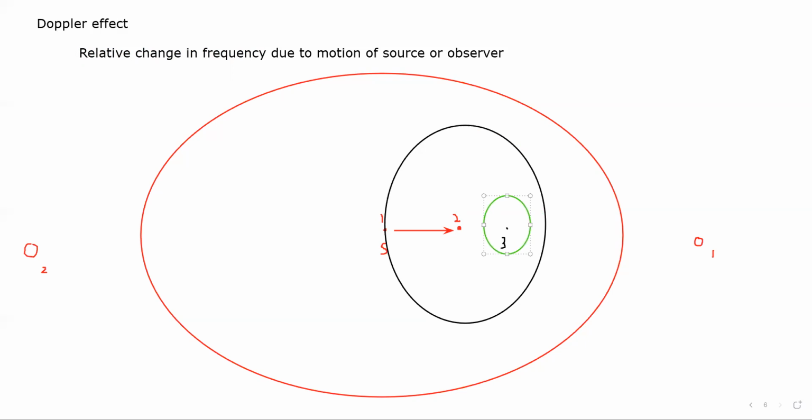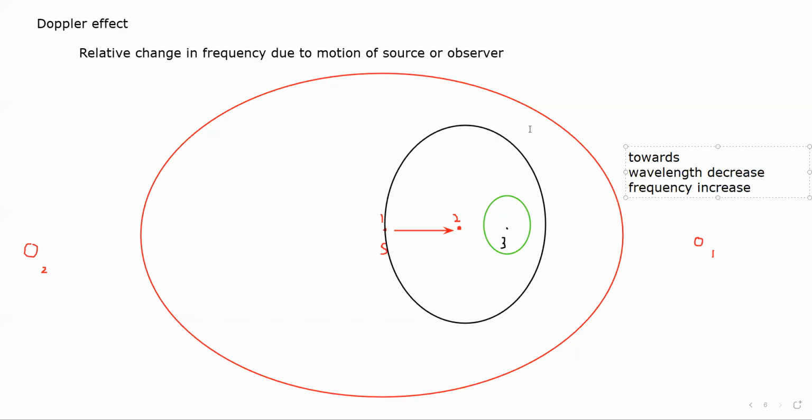So these are the wave fronts which I drew. What you will observe is, at the point where the source is moving towards the observer, he will see that the wavelength which he is receiving is decreased, and he is receiving more vibrations per second, so the frequency will increase.